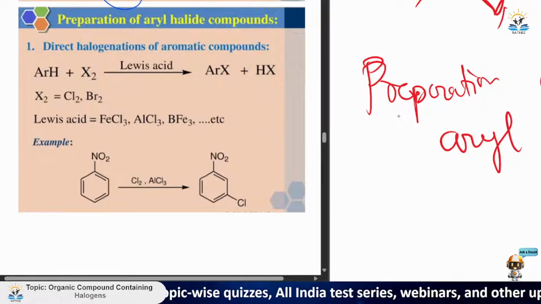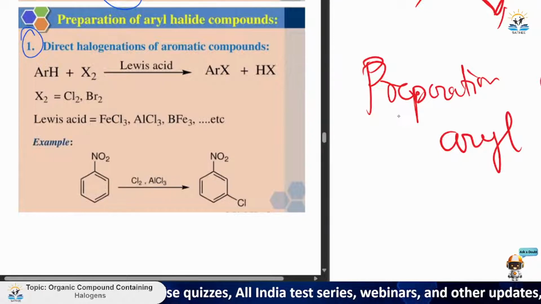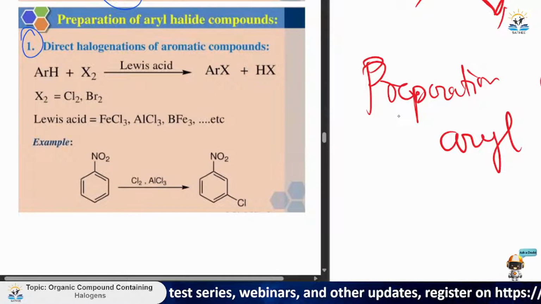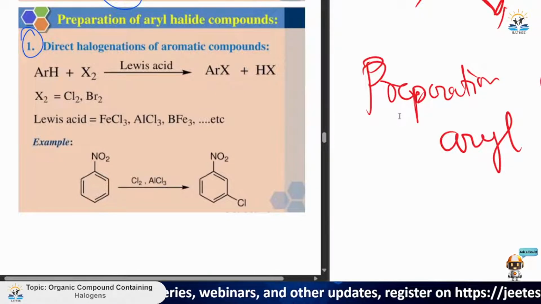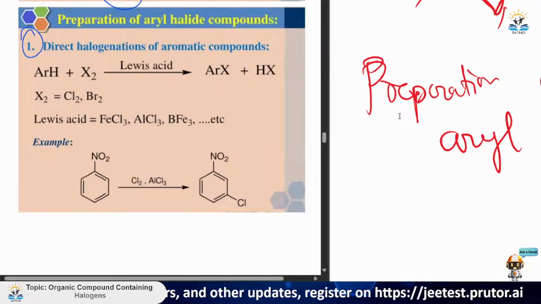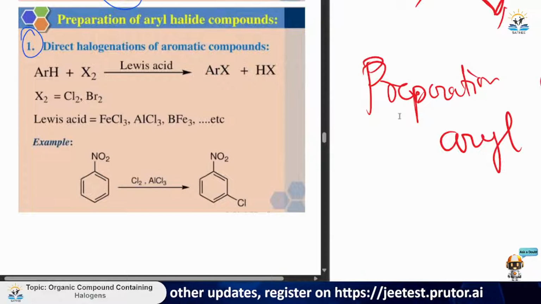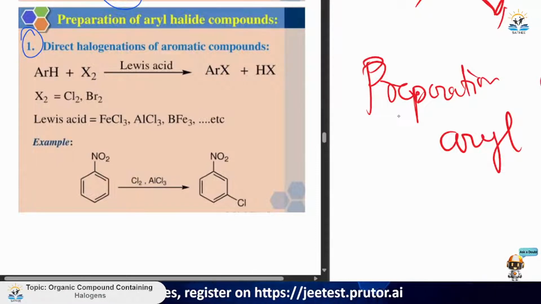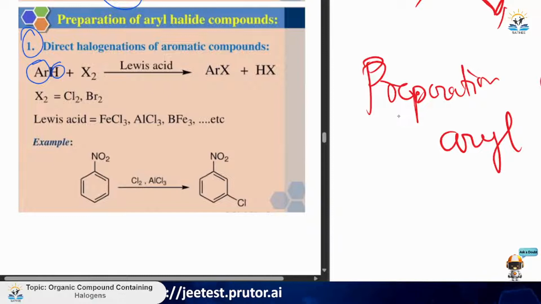The first one is direct halogenation of aromatic compounds. We give a direct halogenation of the aromatic compound with the halogen we want to attach, for example an aromatic compound Ar-H, where H is to be replaced to insert X.